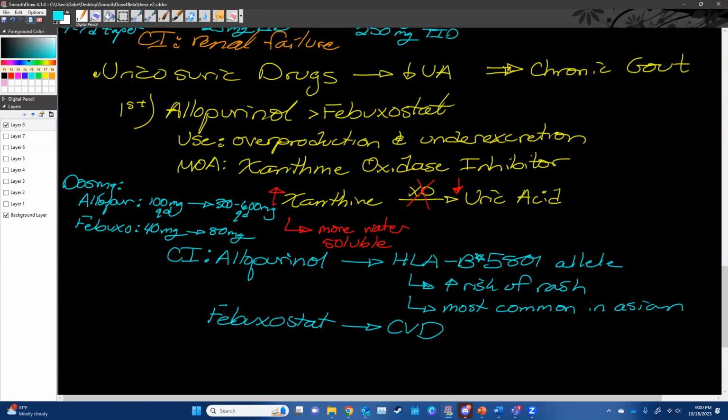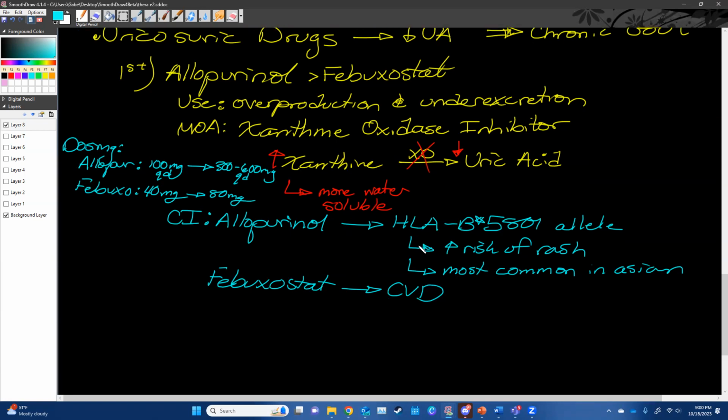So if someone has heart failure, if they've had an MI, if they've had chronic hypertension, atherosclerosis, any kind of cardiovascular disease, febuxostat increases the risk of death hugely. So even though it's usually better tolerated, lots of people have cardiovascular disease. It's just not worth the risk to use it.